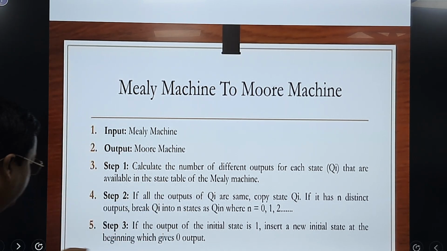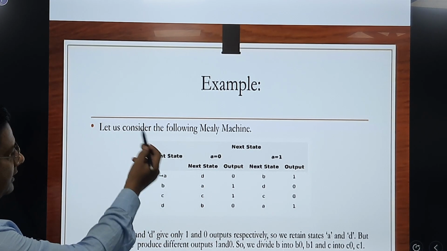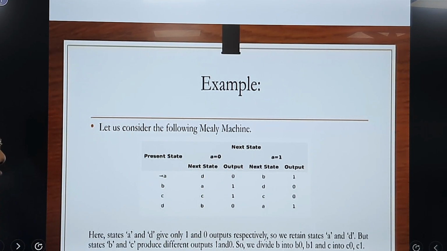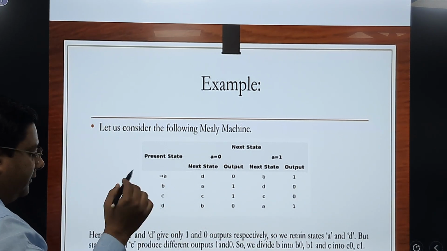It means, suppose this is a table. Let us consider the Mealy machine. This is basically a Mealy machine where two outputs are given. See how we are converting; this is very important.